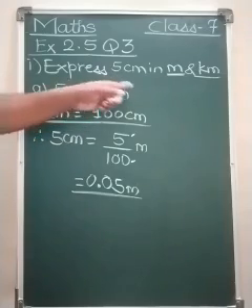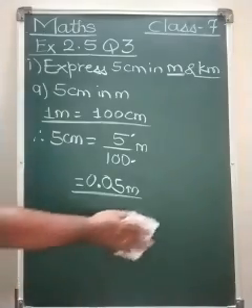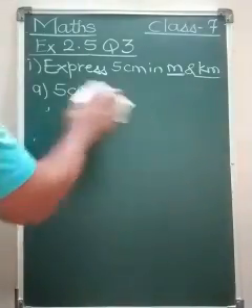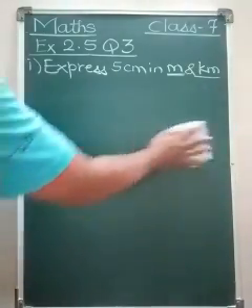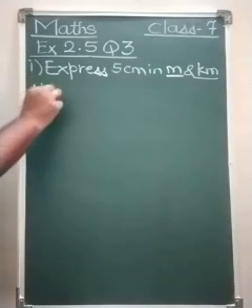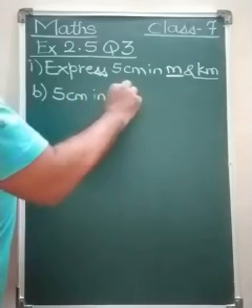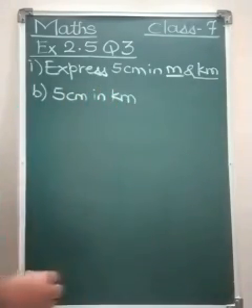Now 5 centimeters is to be converted into kilometers. Let's see how it is to be done. As I have told you, 5 centimeters cannot be directly converted into kilometers. It has to be converted into meters first. B part: 5 centimeters in kilometers.